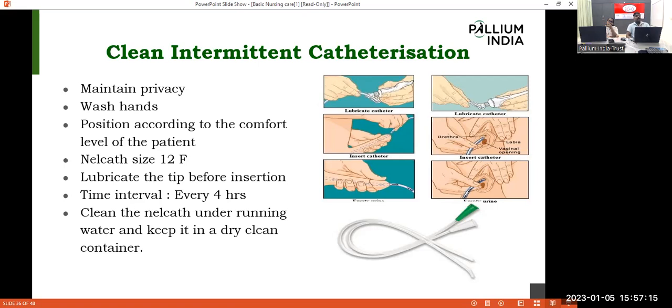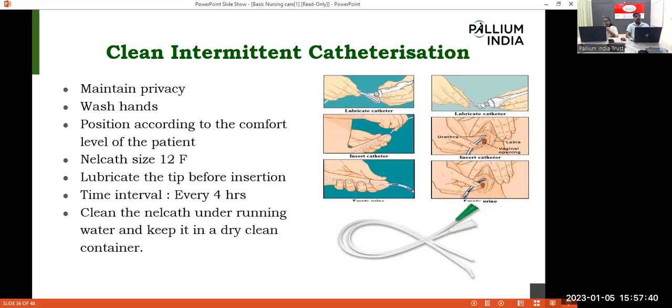If the patient is doing self-intermittent clean catheterization, we recommend every 4th hourly. They need to maintain that time schedule because their bladder needs to be trained for this 4th hourly interval. Then clean the Nelcat after complete evacuation of the urine from the bladder.